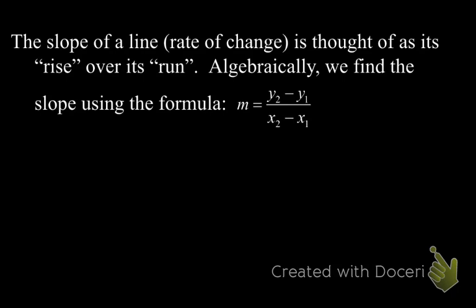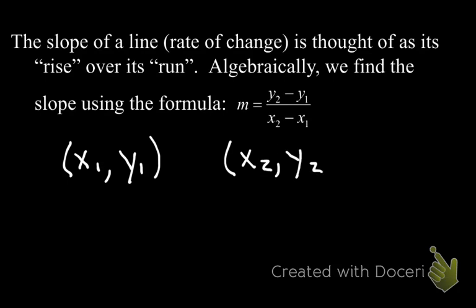And algebraically, as we think about this, we find the slope using this formula, m equals y2 minus y1, divided by x2 minus x1, and all that they're doing when they use that formula is they're thinking of the first point as x1 comma y1, and then the second point as x2 comma y2.